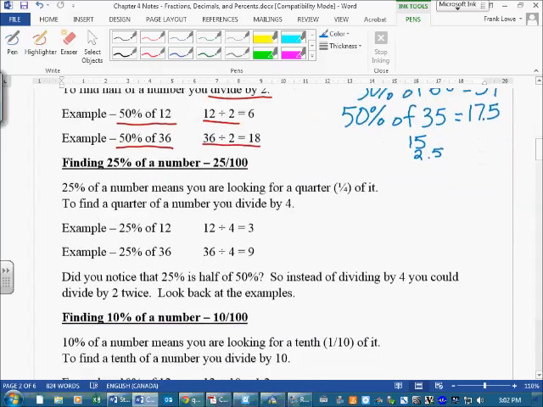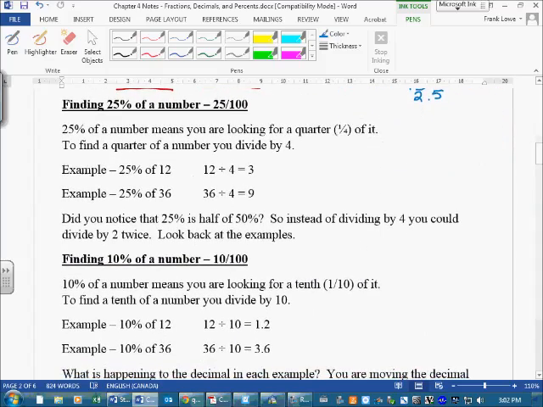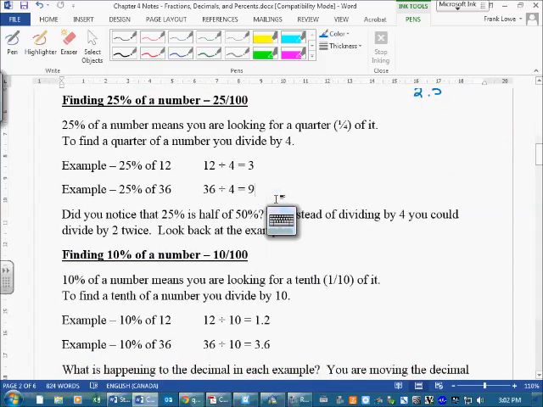All right, let's go to 25% of a number. 25% of a number is finding a quarter of that number. If you're thinking money, if you've got a quarter in your pocket, how many of those do you need to make a dollar? You need 4 of them. So we're finding a quarter of a number.